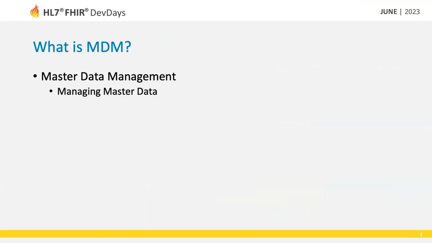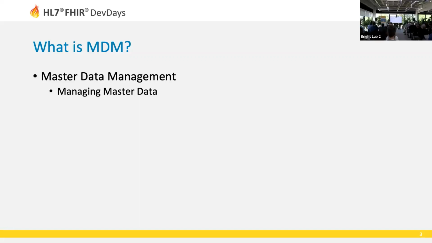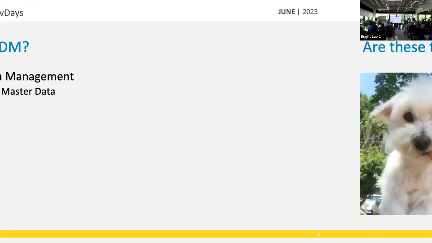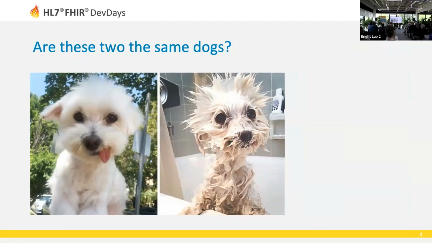So, what is MDM? MDM stands for Master Data Management. It is a comprehensive approach and set of processes, policies, and technologies used to manage an organization's critical data assets, referred to as master data. So it's basically finding duplicates.